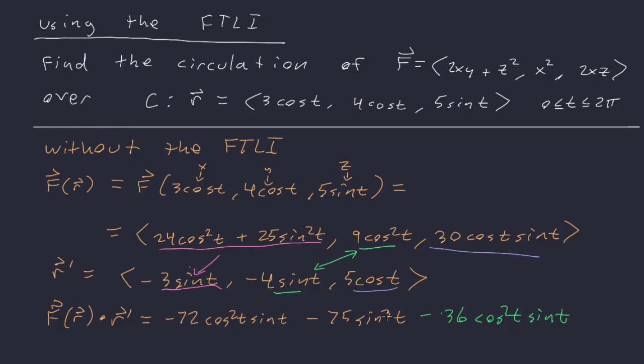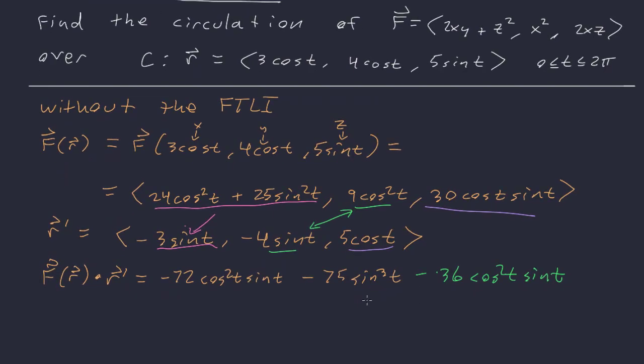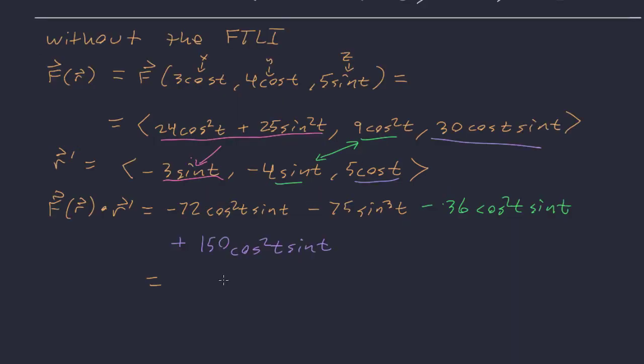And then we multiply these two pieces together, so we will get plus 150 cosine squared t sine t. If I've done this right, we get down to, I think, 42 cosine squared t sine t minus 75 sine cubed t.